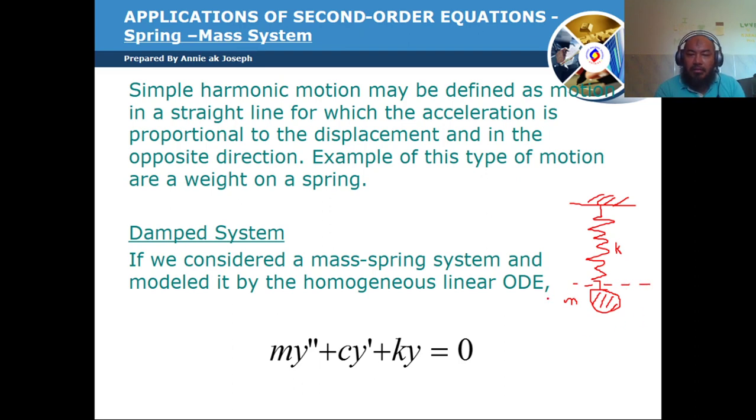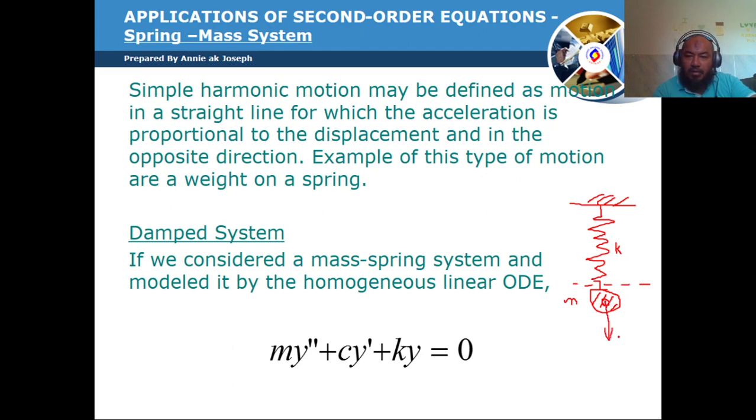Okay, so if this one is at the equilibrium state like this, and we break this system into different forces, we will get two forces, right?